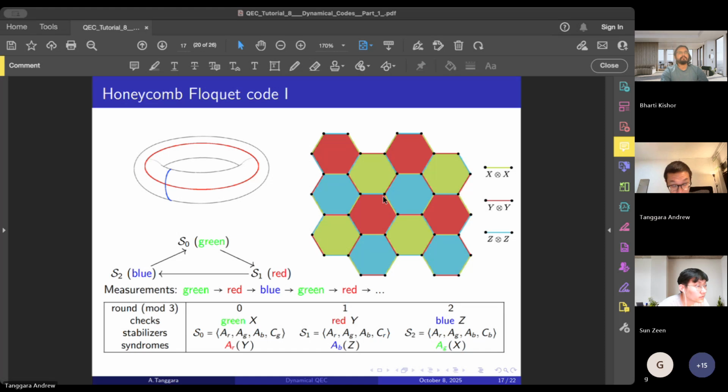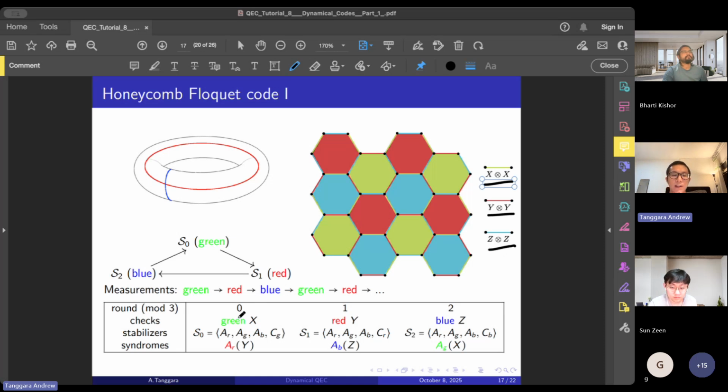Okay. So I'm gonna go back to the Honeycomb Floquet code, right? I'm just gonna use the smaller lattice to make things simpler. So basically what we're gonna have here is that I'm gonna measure the green checks, these are the XX checks, and then I'm gonna measure the red ones, and I'm gonna measure the blue ones.